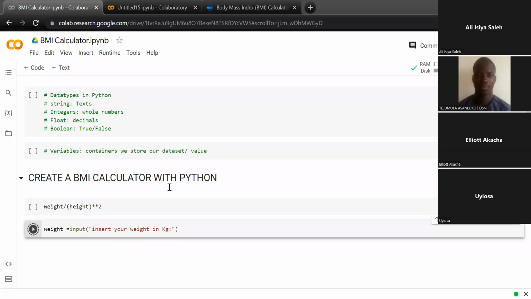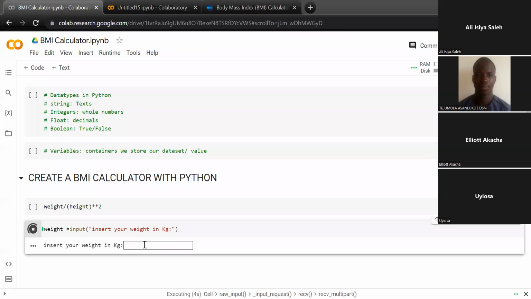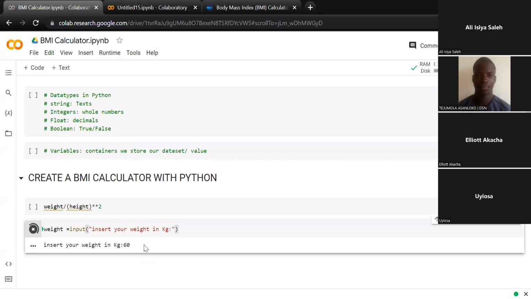Now, can you see that a prompt came up where you can insert your weight? Let's assume, what's my weight? Let's just pick a random one, 60. So I'm going to say 60 here. Save it as our weight. So I've inserted my weight as 60, and then it's there.